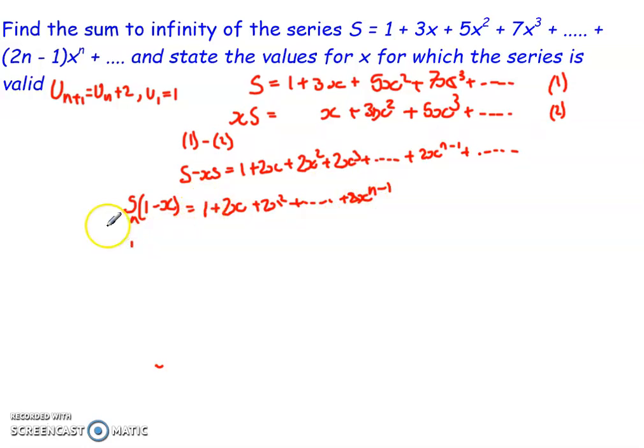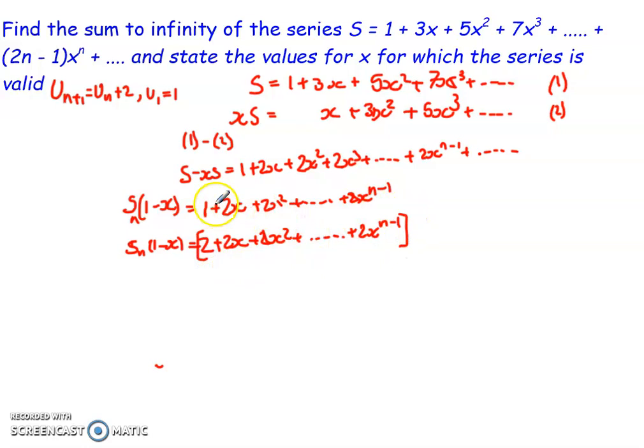So what I can do is manipulate my series and write it as S_n(1 minus x) equals 2 plus 2x plus 2x squared, and then continue on, and I would have my generic term plus 2x^(n minus 1). So there we go, I've got a geometric series of the same format.